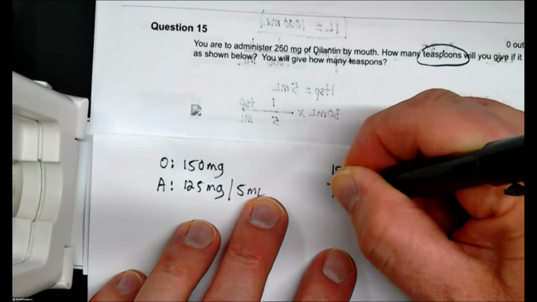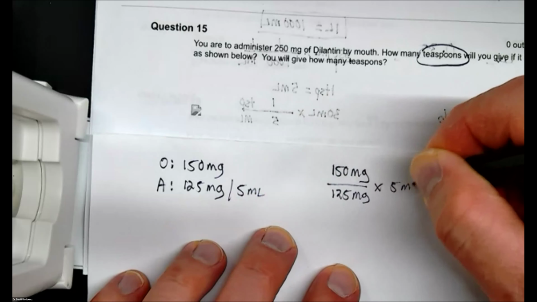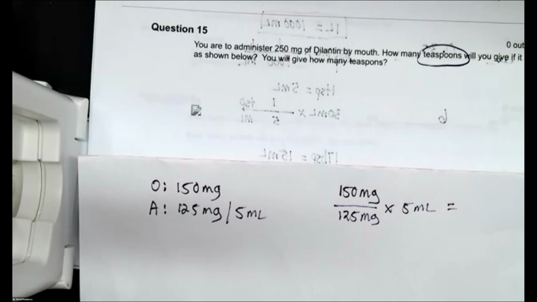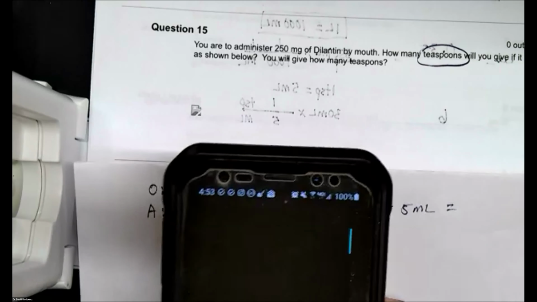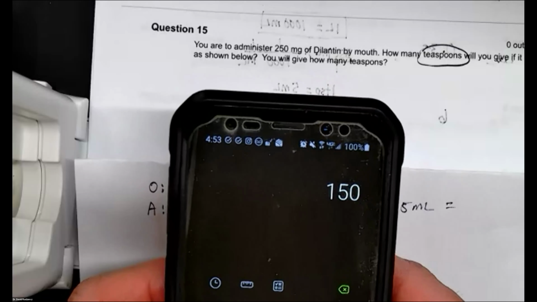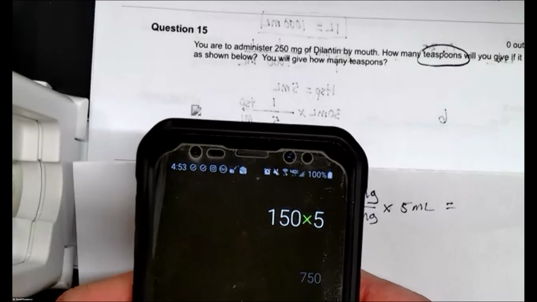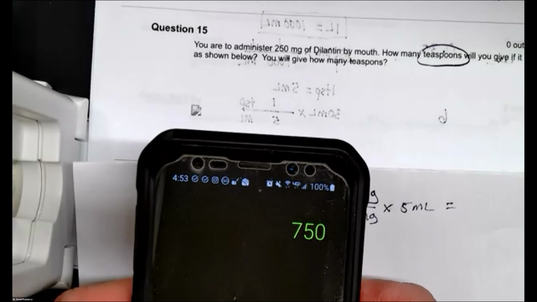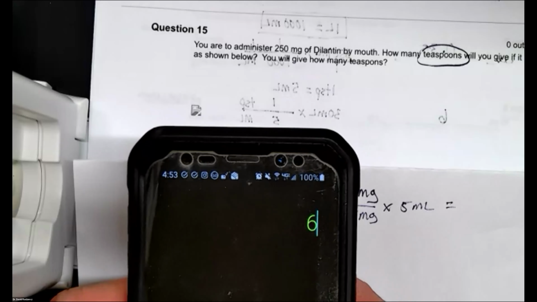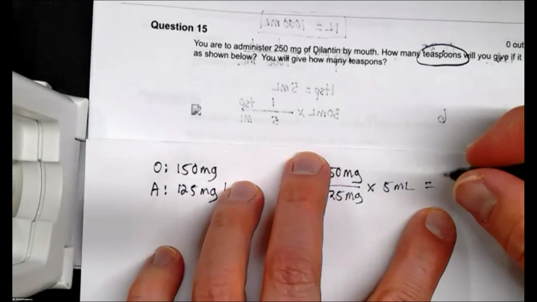My available is 125 milligrams. My quantity is 5 ml. I'm going to plug that into my calculator. I take 150 times 5. I get 750. I divide by 125 for an answer of 6. So all that excitement for just 6 lousy milliliters.